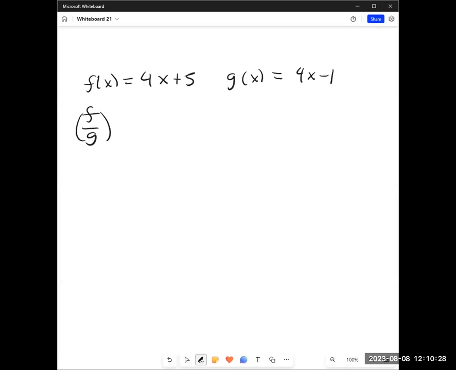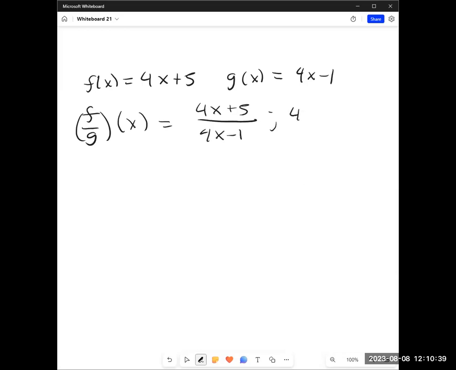And let's work on f of x is equal to 4x plus 5, and g of x is equal to 4x minus 1. I want to find f divided by g of x. So that's going to be 4x plus 5 divided by 4x minus 1.